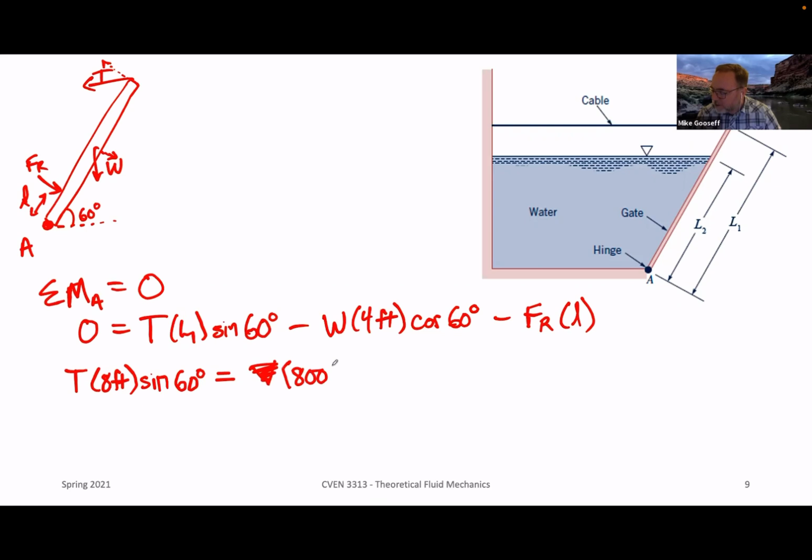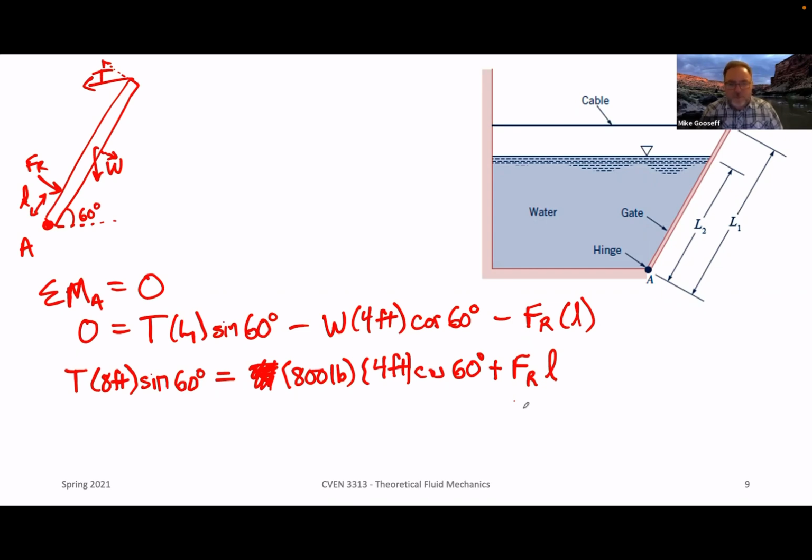So this is 800 pounds times half of the length of the gate, so 4 feet, times the cosine of 60 degrees. Plus then the resultant force FR times some length L. All right, so we are given everything on the left-hand side except T. So we can solve for T. That's ultimately what we want to do. But can we calculate FR and L? So let's do that on the next slide.